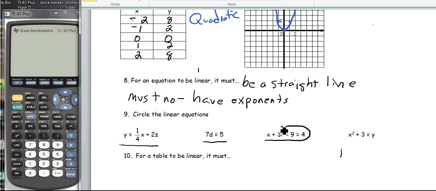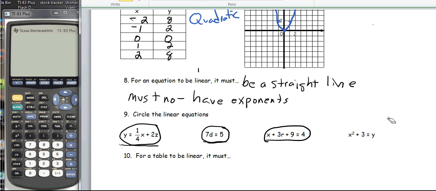This does not have any exponents. And this is not linear, because it has an exponent there.